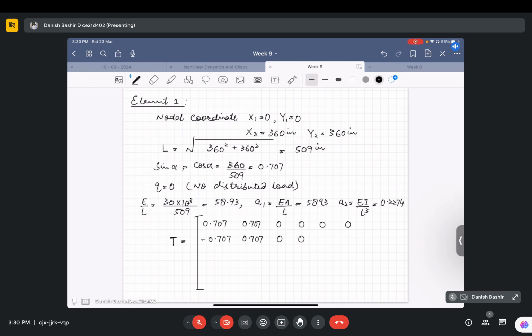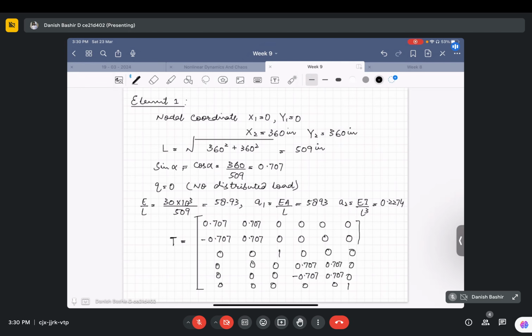Then zeros, then 0, 0, 1, 0, 0, 0. This is 0.707, this is 0.707, this is minus 0.707, this is 0.707, and the last entry is 1.